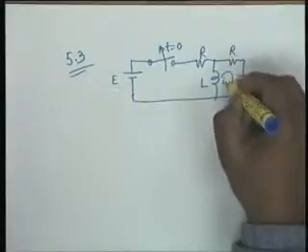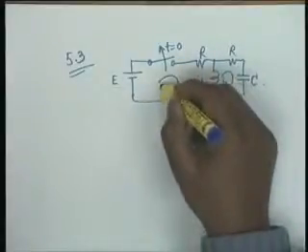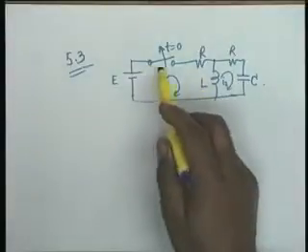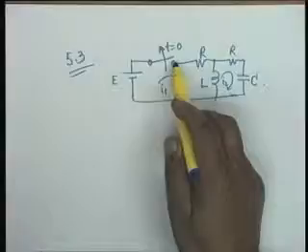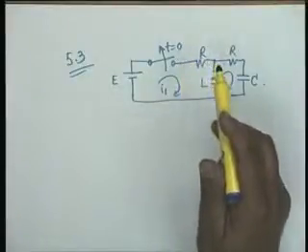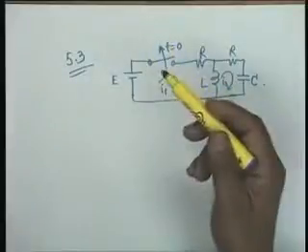This current is I2 and this current is I1. Alright, the switch was initially on and it has reached a steady state, and the switch is opened at t equal to 0. It is thrown out.